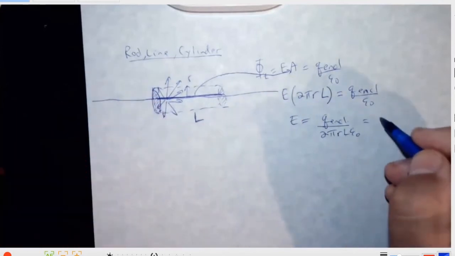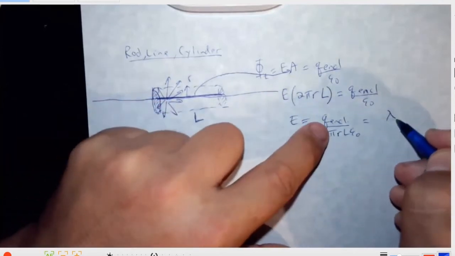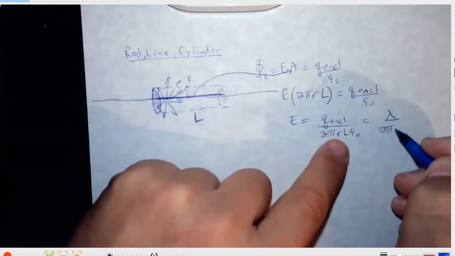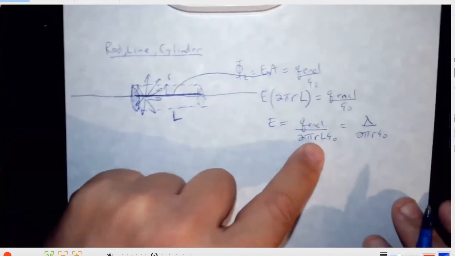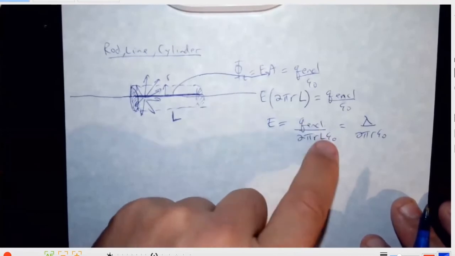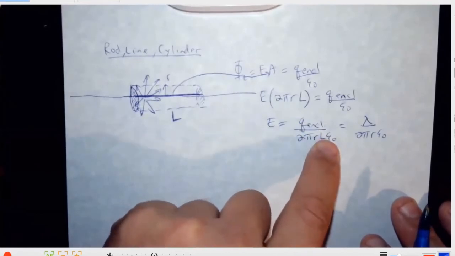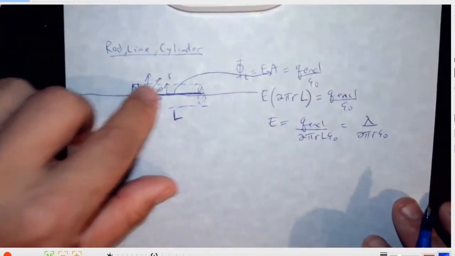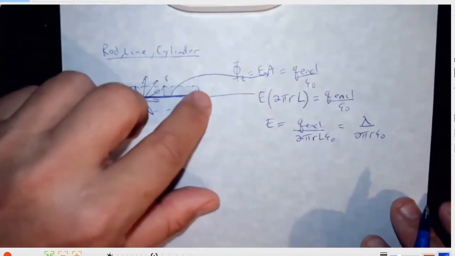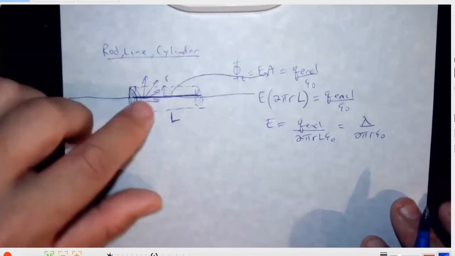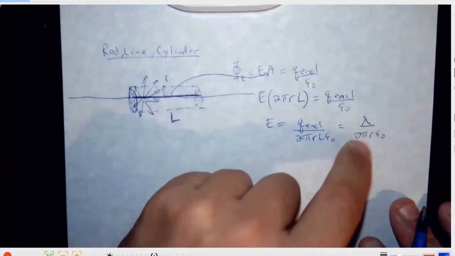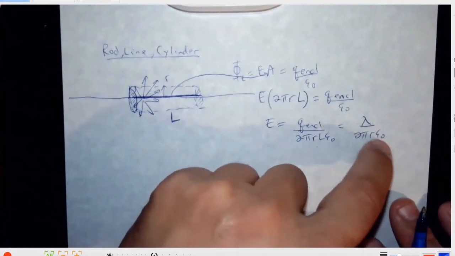So it gives you lambda over 2 pi r E0. You see, because Q over L is the linear charge density of the rod. So it just tells you how much charge is included in the cylinder or the rod per every unit length of the rod. You see, lambda, and then divided by 2 pi r E0.